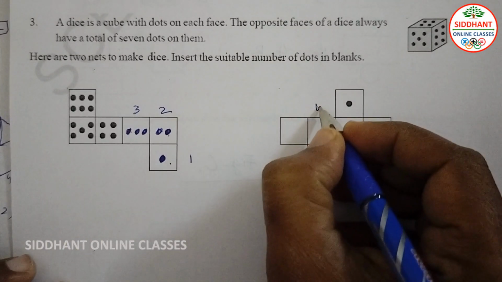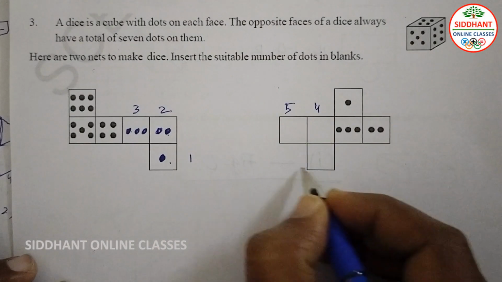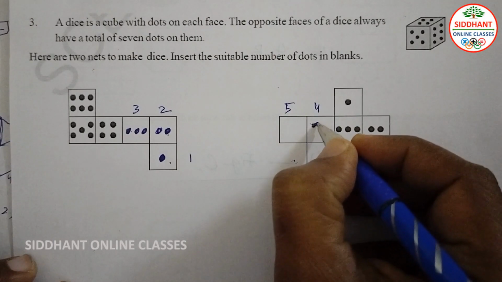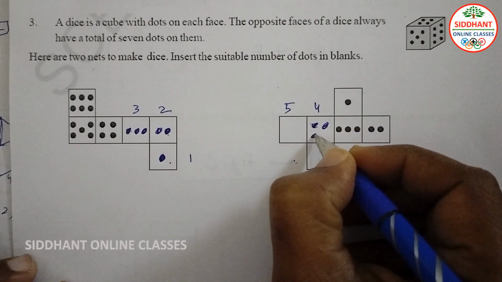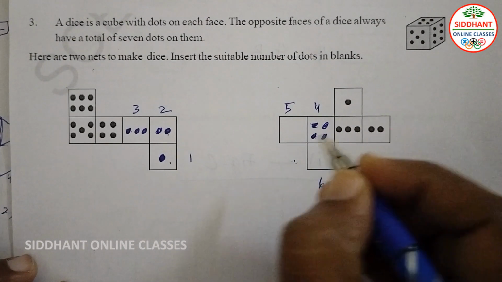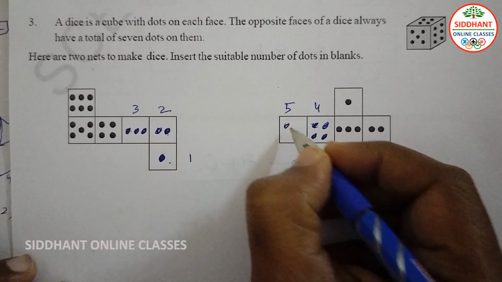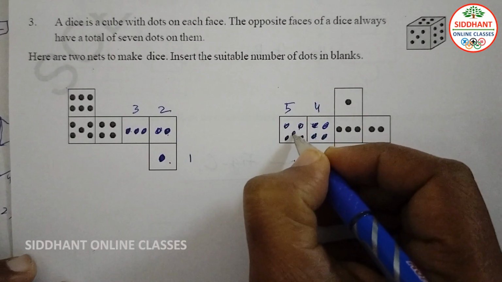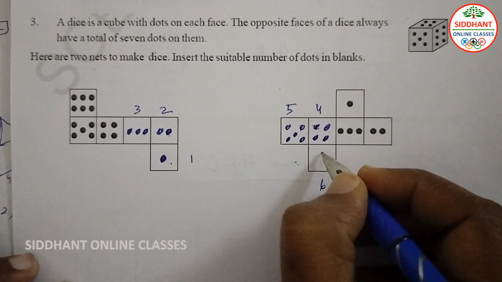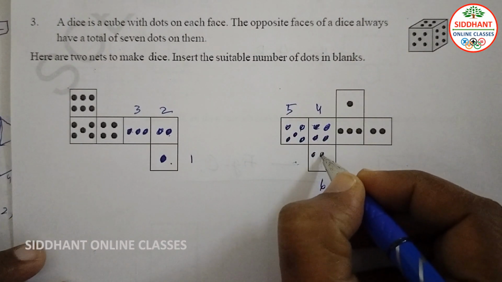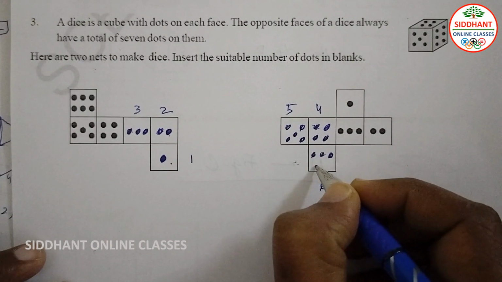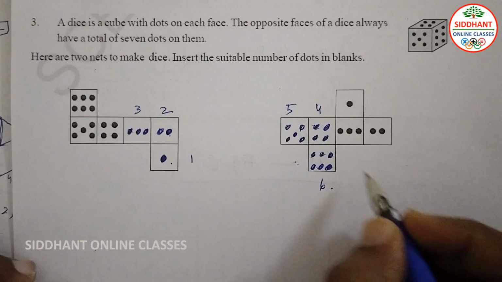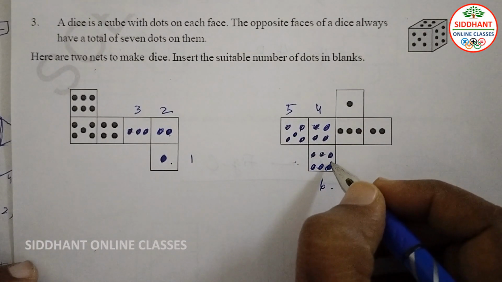So here 4 means 4 dots you are going to see, here 5 means 5 dots, and here 6 means 6 dots. So this will be the suitable number of dots.